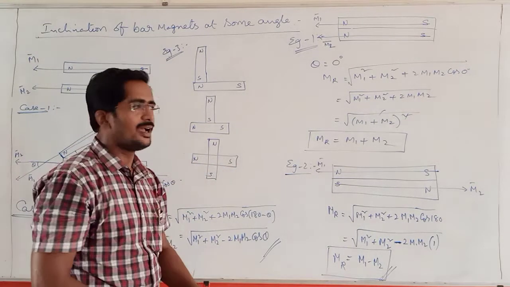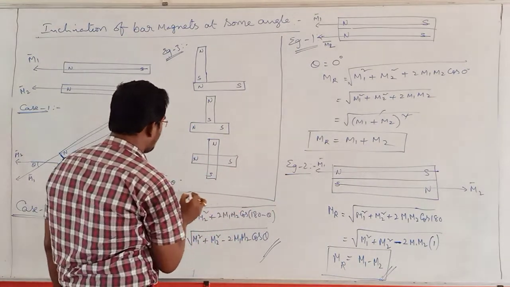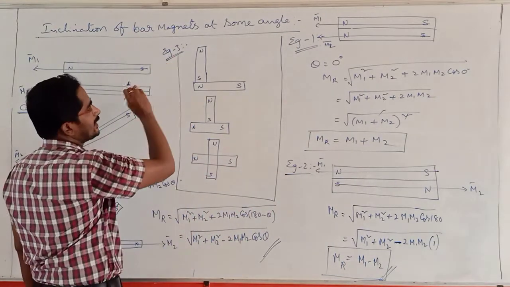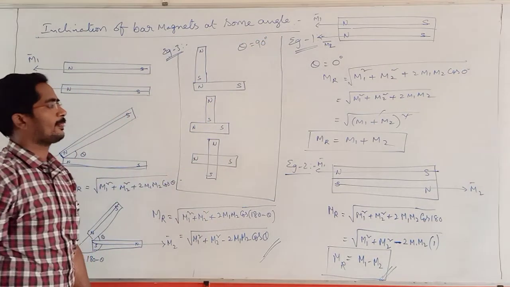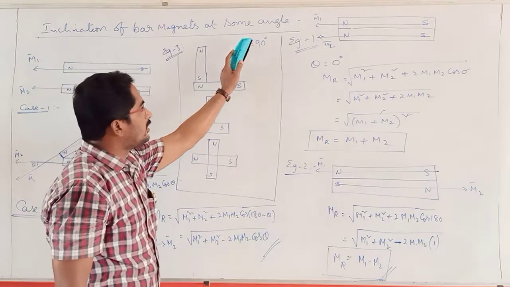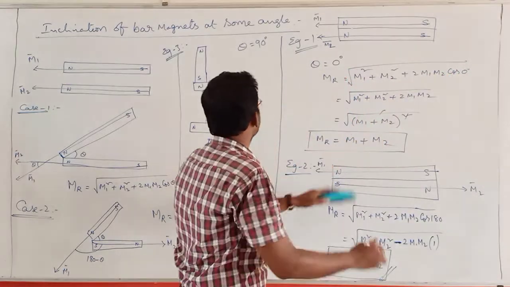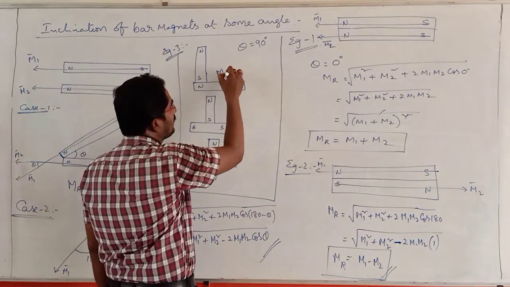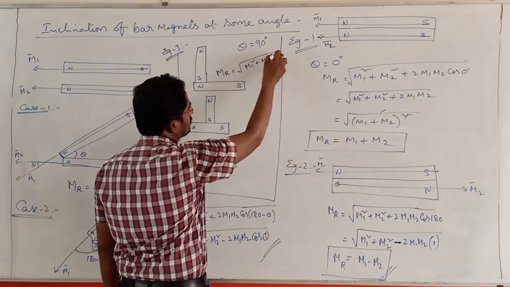What is the angle between the magnetic moments? The angle between the magnetic moments in this case is theta equals 90 degrees. If theta is substituted as 90 in this formula, the cosine term becomes 0. Then what remains is the resultant magnetic moment equal to root over m1 square plus m2 square. That is the answer.